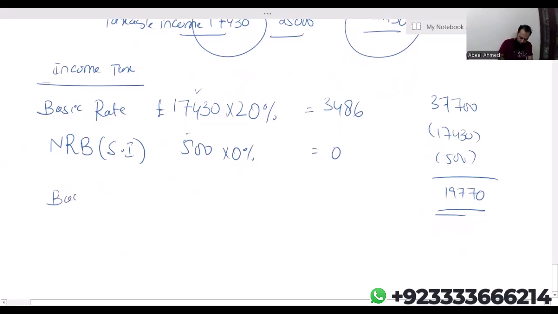Basic rate, saving income, 19,770 into 20%. Let's see what is the answer.